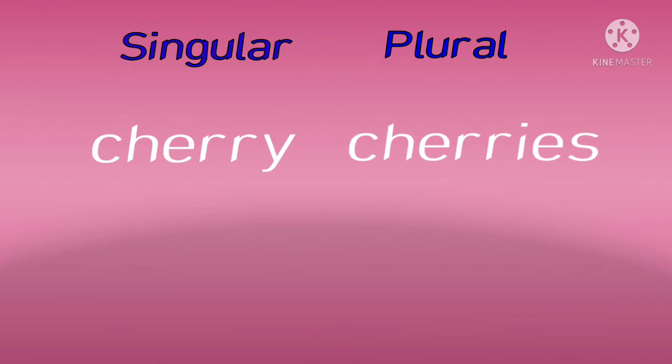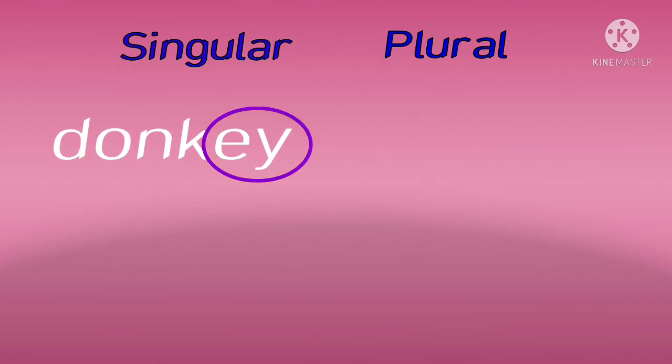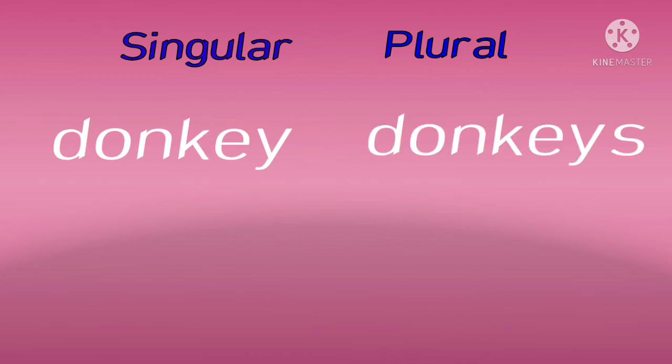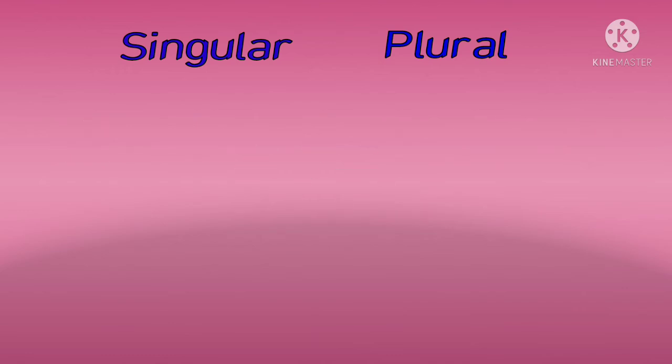But here if the noun ends with ey, you just have to add s. Say donkey. The last two letters are ey. To make it plural, you just have to add s. Donkeys.